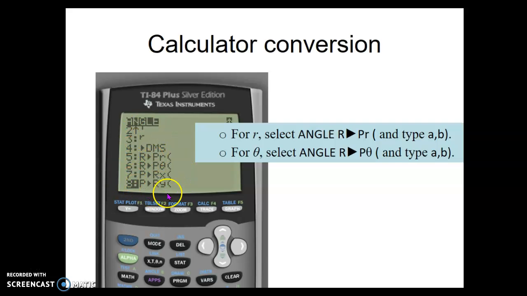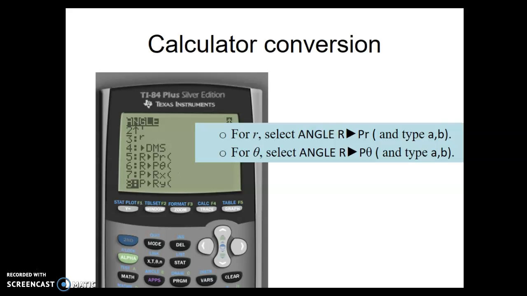Four of the things on this menu are rectangular to polar R, rectangular to polar theta, polar to rectangular X, and polar to rectangular Y. Number 5 on the list is what you could use to convert from rectangular coordinates to get the R of the polar coordinates. Number 6 you could use to convert from X, Y to the theta of polar coordinates.